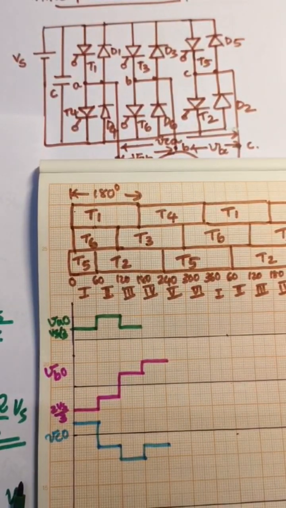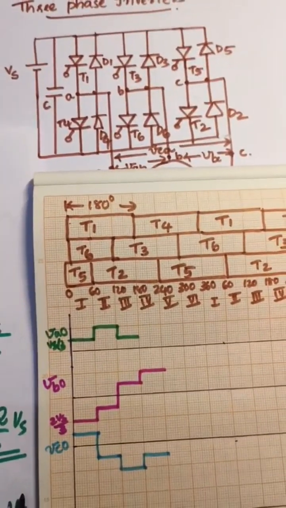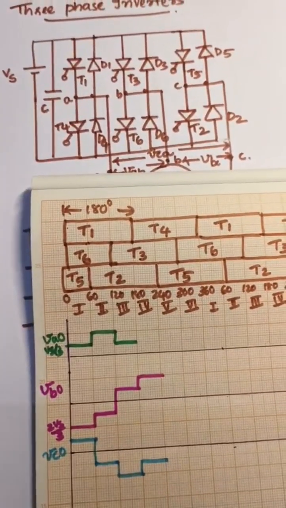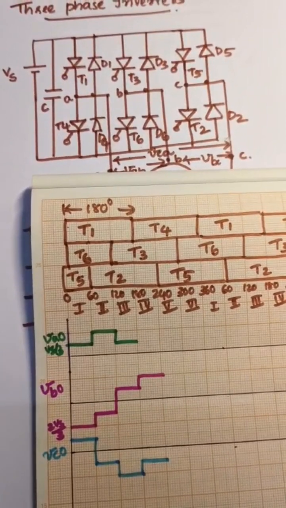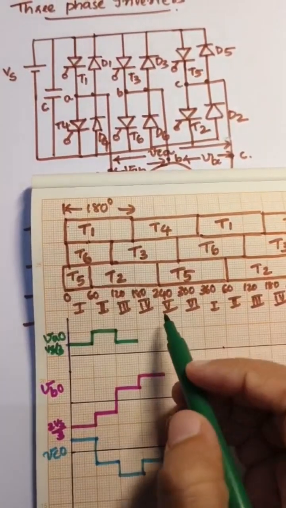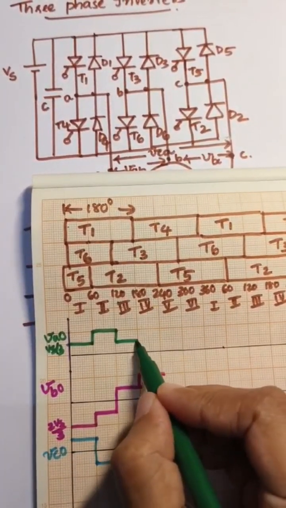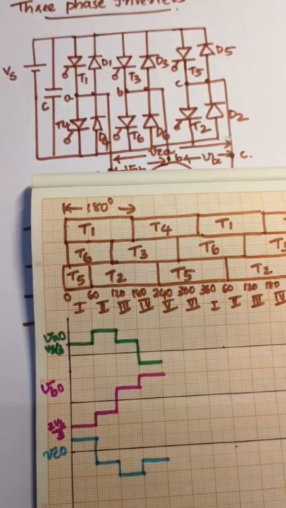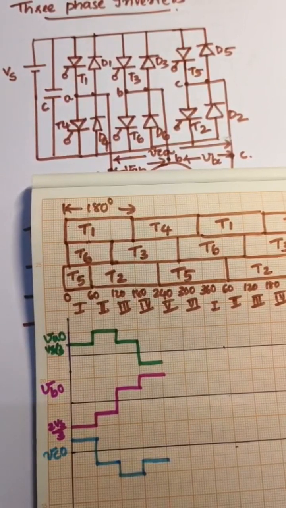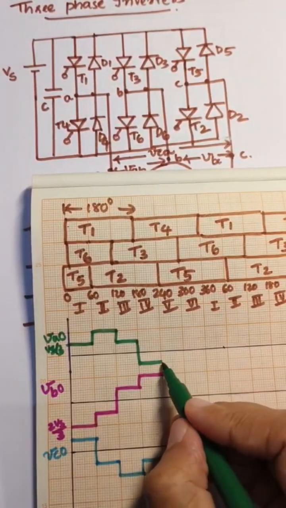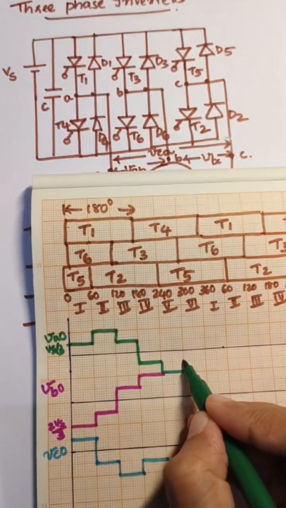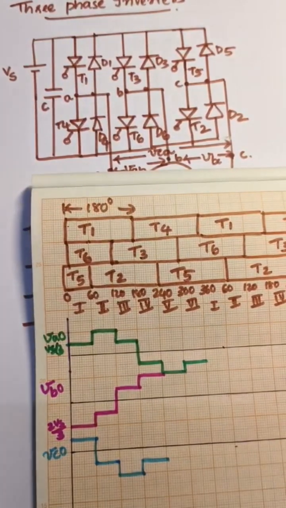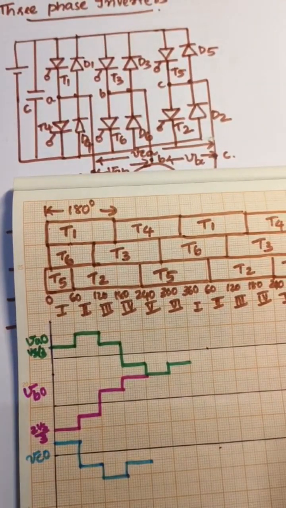And VAO is again minus Vs by 3. We obtained 4 steps. Now we can continue the pattern. If there is any doubt, you can again calculate in the same way.